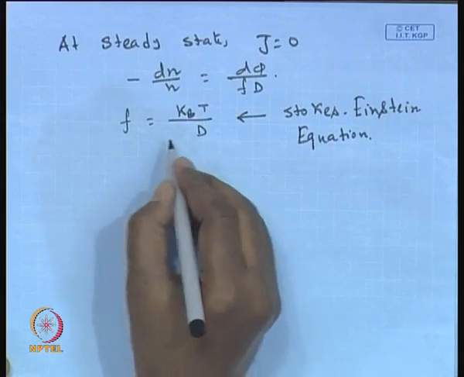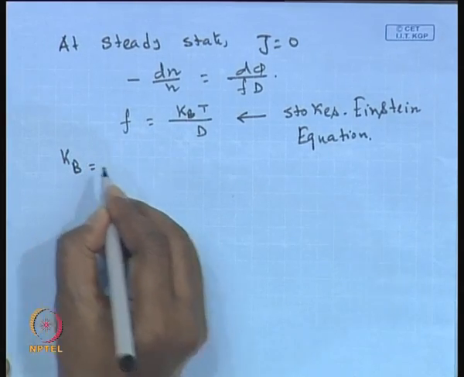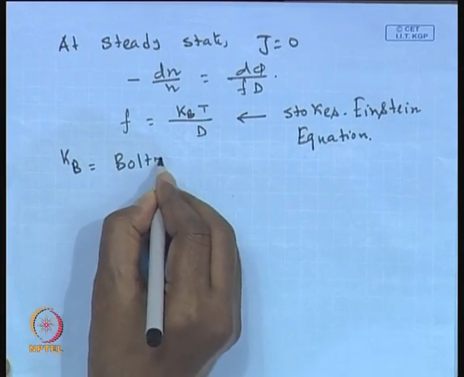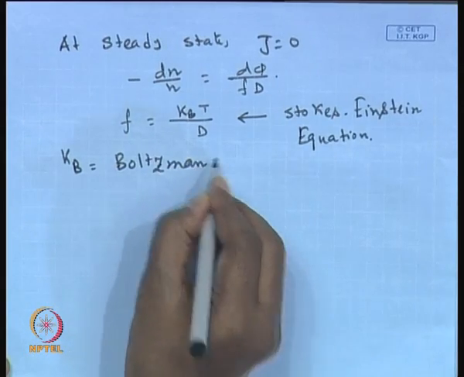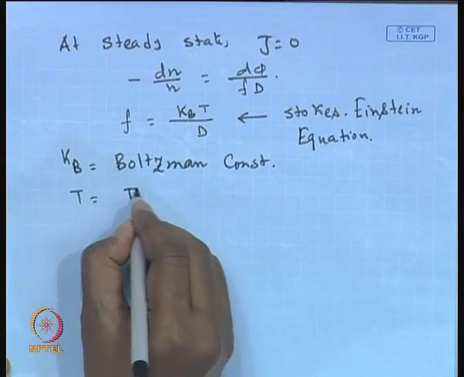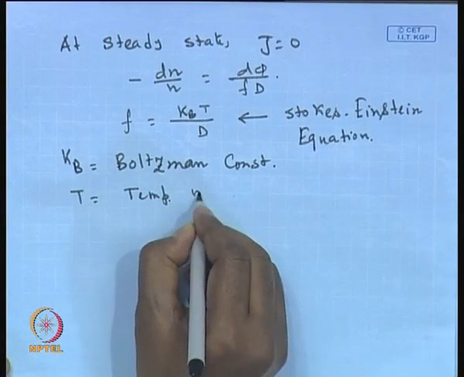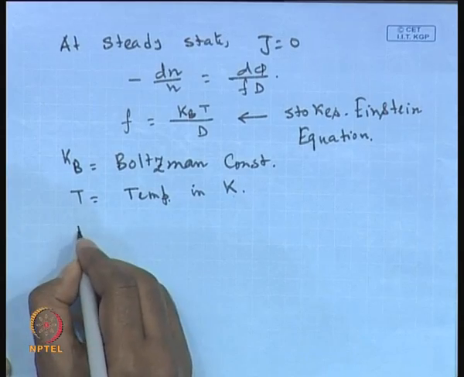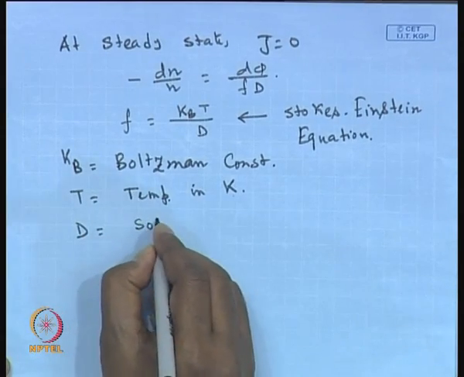Okay. And where kB is the Boltzmann constant, T is the temperature in Kelvin, and D is the solute diffusivity.